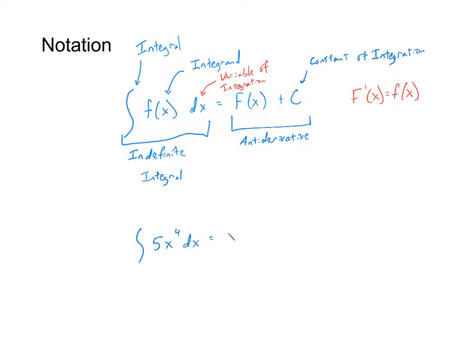But the answer is x to the fifth plus c, plus our constant of integration. And how do I know that's the answer? Because I'm really good at derivatives by this point in the semester. The derivative of x to the fifth is 5x to the fourth. Okay, so that's how that one works. So the integral of 5x to the fourth with respect to x is x to the fifth plus c.